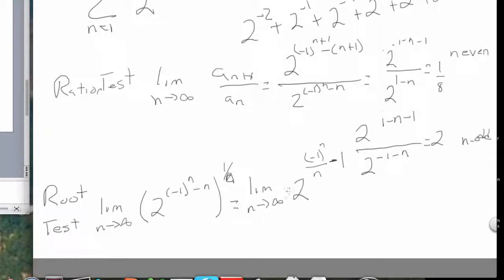Alright, as n goes to infinity, this is staying at 1 or negative 1, and this is going to infinity, so that's going to 0. So I get 0 minus 1, which is 2 to the minus 1, which is 1/2. So this limit is equal to 1/2, which means the series converges.